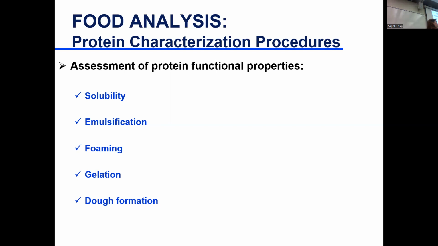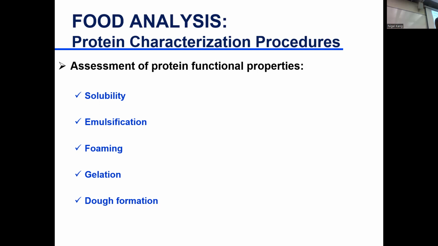So whey protein isolate is a good protein because it's solubilized at room temperature, at neutral pH, and it has good solubility properties. But for example, for casein, you need to heat the sample. You need to give it time to work on the sample to get solubilized. So solubility is really, really important.